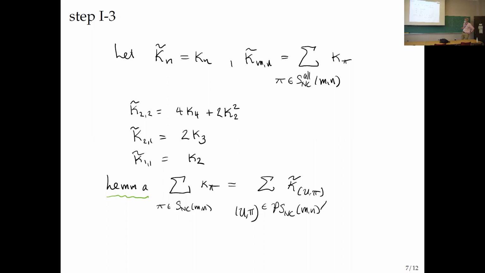Now, here's the, I wish I didn't come up with this idea. I wish I could claim that this was in the paper, but there were 4 co-authors, and that wasn't my idea, but I would like to claim this. It says when you sum these things, it's the same as summing the phony cumulants over the partitioned ones.